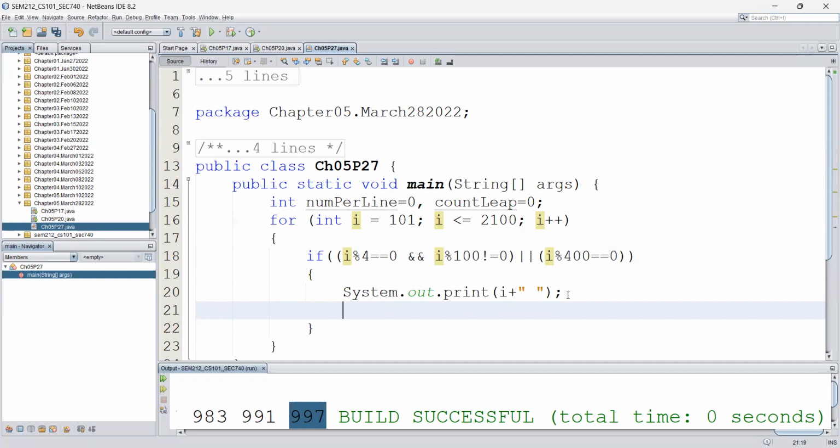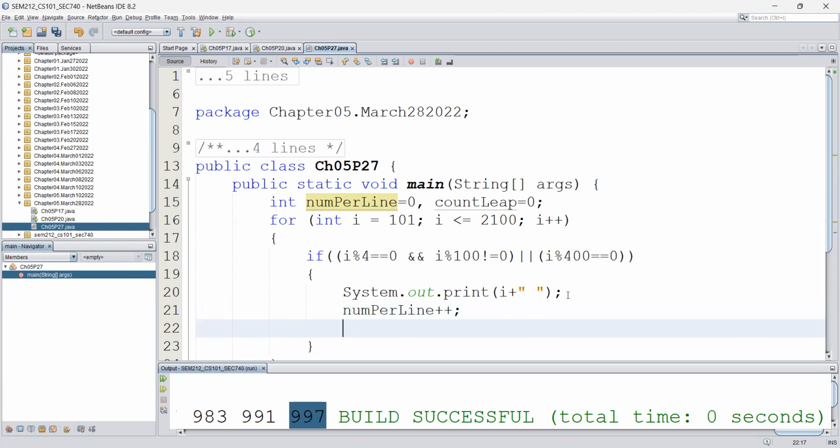Num per line, because we have printed a number. Num per line, line plus plus, and also we are trying to keep track of the number of leap years which have passed. So we should increase this also.